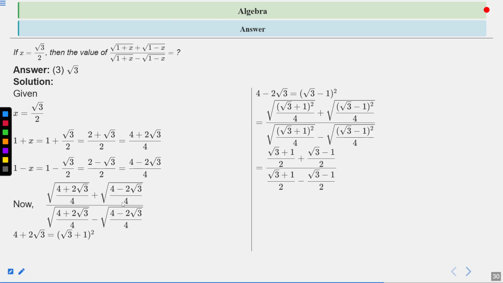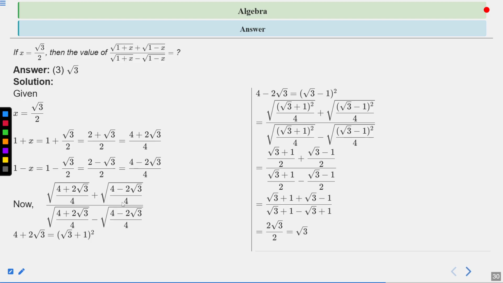Now when we simplify it, we get root 3 plus 1 by 2 plus root 3 minus 1 by 2. In the same way, in the denominator, we get root 3 plus 1 by 2 minus root 3 minus 1 by 2. So we get root 3 plus 1 plus root 3 minus 1 upon root 3 plus 1 minus root 3 plus 1.